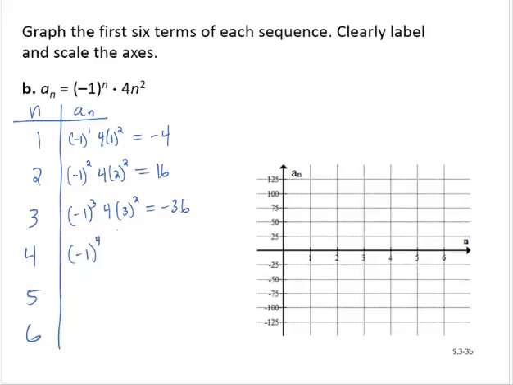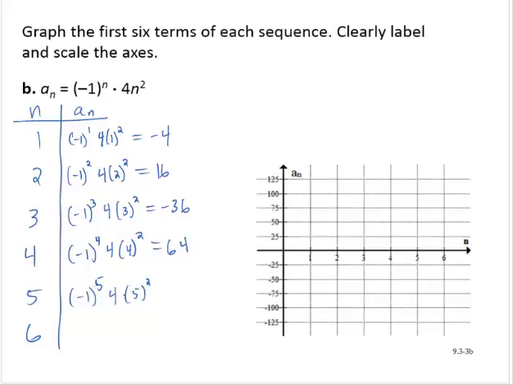Negative 1 to the fourth times 4 times 4 squared. Negative 1 to the fourth is positive 1 times 4, and then 4 squared is 16. So 1 times 4 times 16 is positive 64. Negative 1 to the fifth, times 4 times 5 squared.